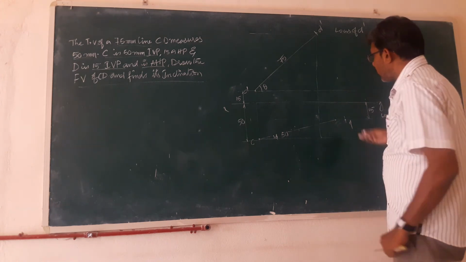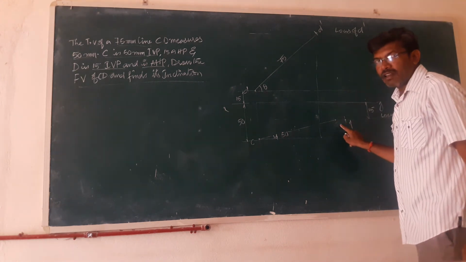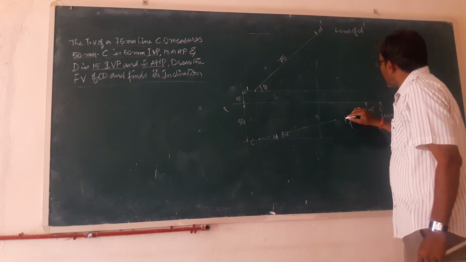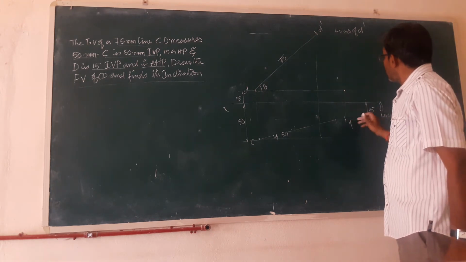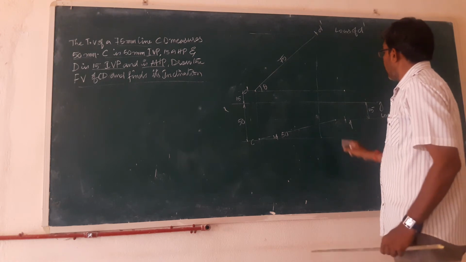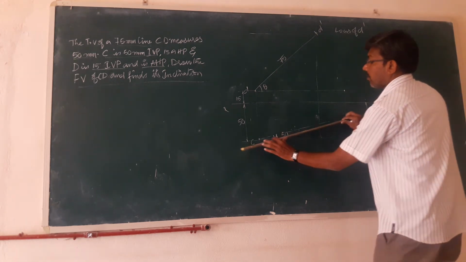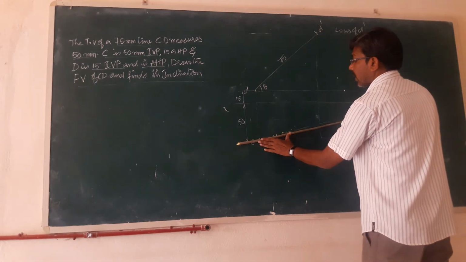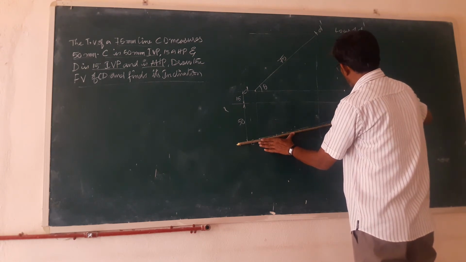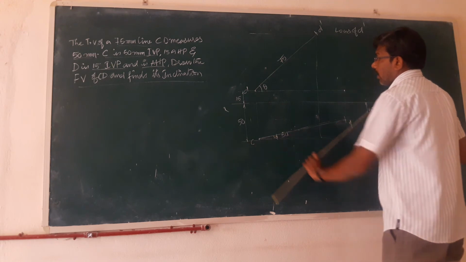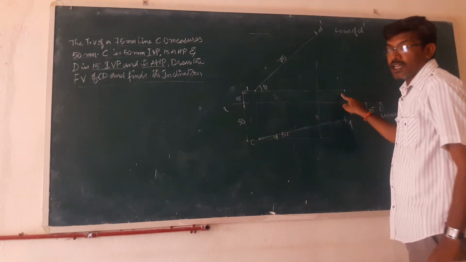Where does the front view appear? This is the original CD line of 75 mm. Draw this one up to this point. Sorry, this is the line. Okay. And this is a shorter distance.